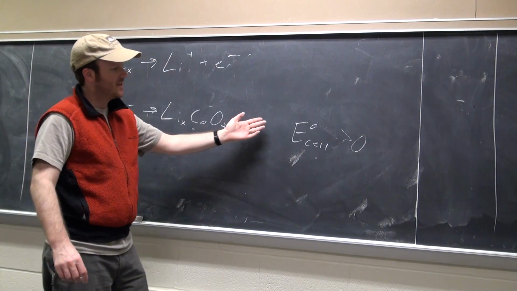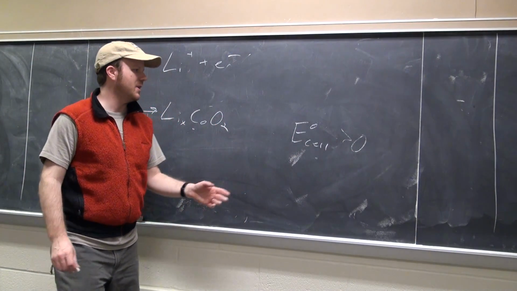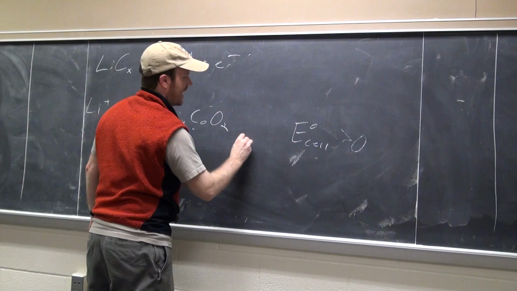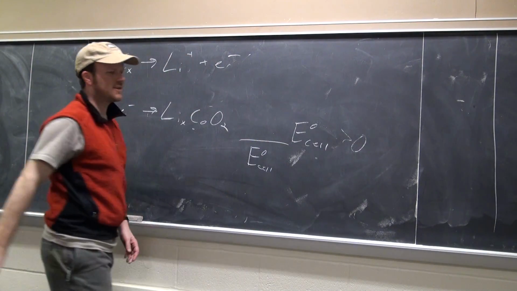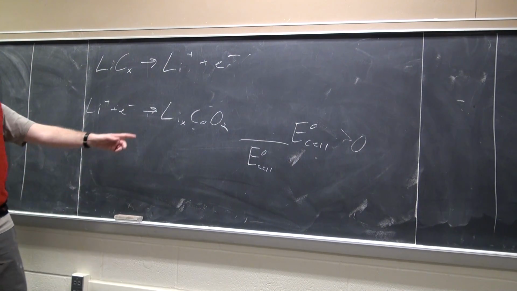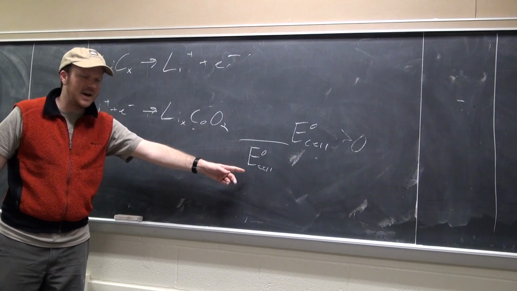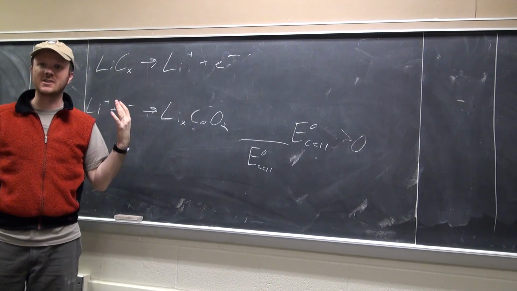Because this tells us that the reaction is thermodynamically favorable. If we add these up and E0 cell is greater than 0, we know that the reaction is going to happen. In order to recharge it, we need to apply a potential that's greater than E0 cell to drive the reactions backward.